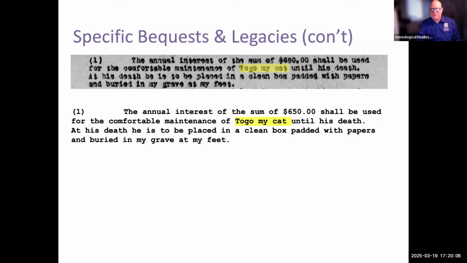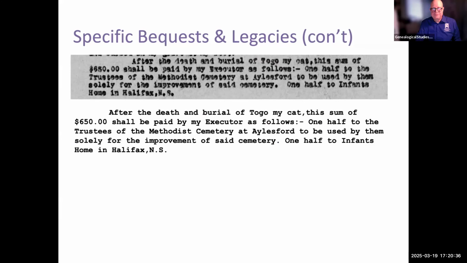So Togo was going to live in fortunate circumstances, I suppose, because he was promised comfortable maintenance until his death. And if you read on, after his death, she left some funeral instructions for Togo. He was to be placed in a clean box padded with papers and buried in my grave at my feet. So Togo plays a starring role in the will of Annalene Patterson.